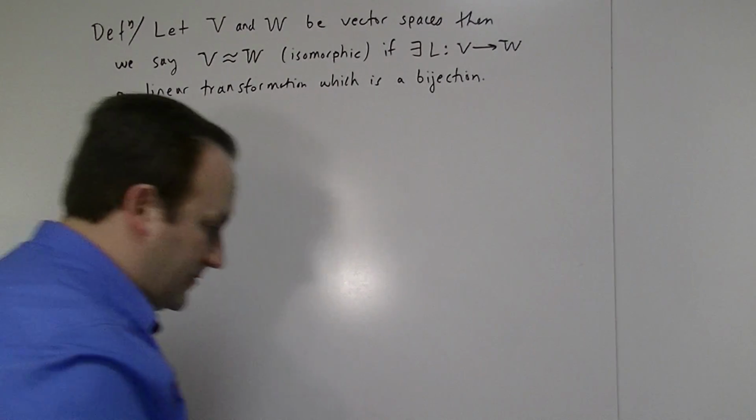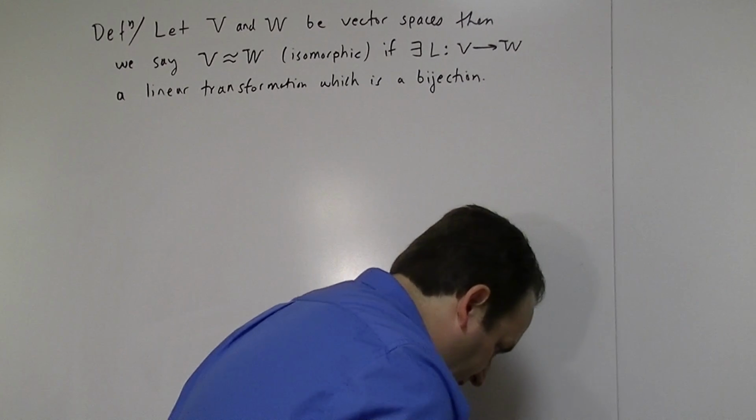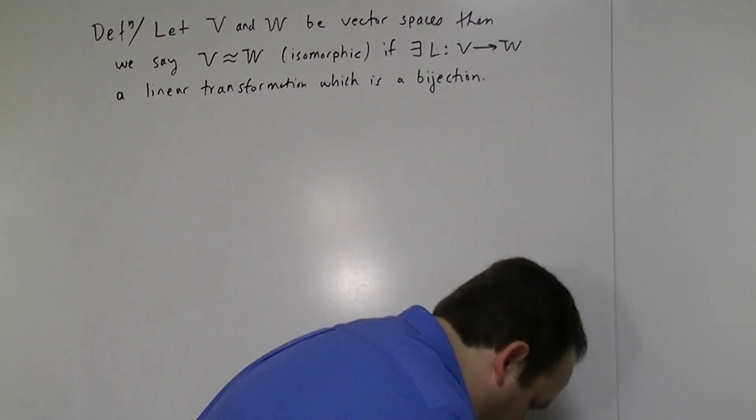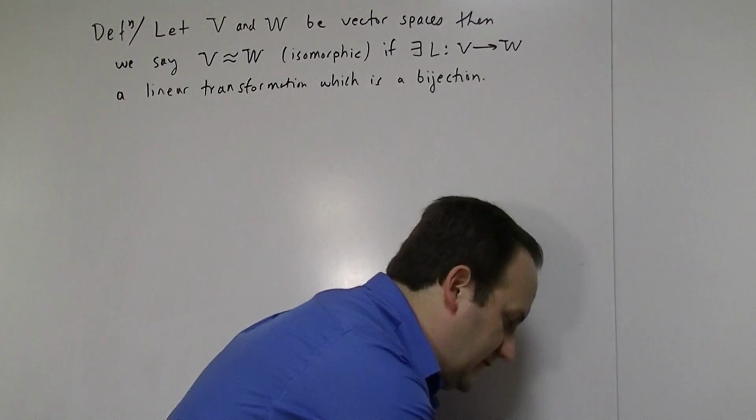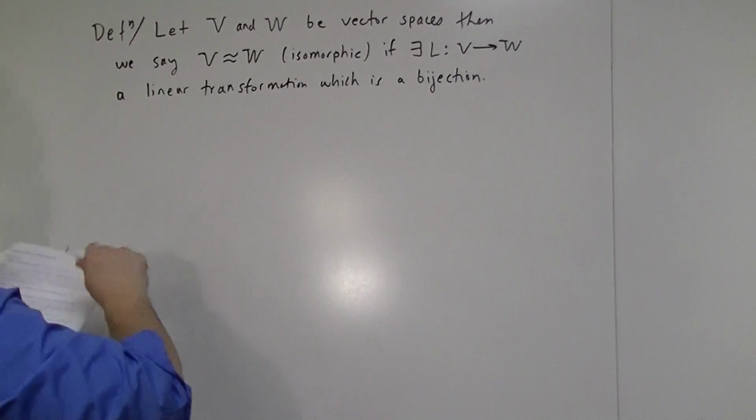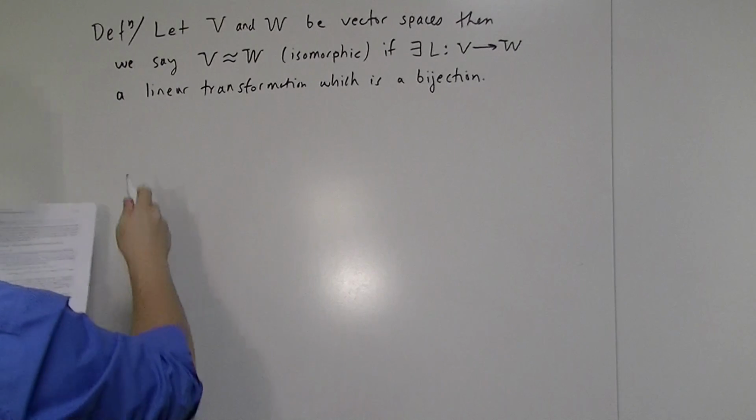All right, so here's the theorem. So one important theorem is that if you have two vector spaces which are isomorphic, it follows that they have the same dimension. So here it is.